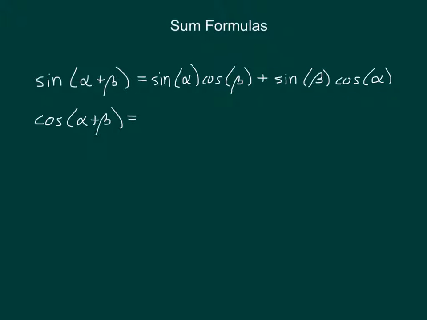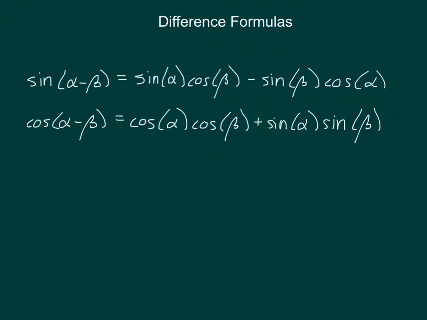The formula for cosine of alpha plus beta is cosine of alpha cosine of beta minus sine of alpha sine of beta. So there are the difference formulas. Same exact thing as the sum formulas, but these are switched around.